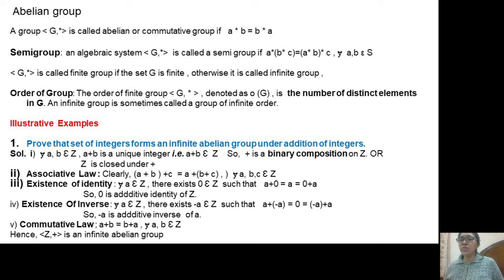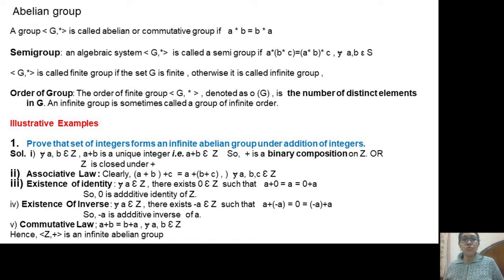As we usually define the order of a set as the number of elements in the set, likewise in case of a group also, the number of elements in this non-empty set G will be defined as the order of the group. If G has a finite number of elements, then G is a finite group, and if G has an infinite number of elements, it is an infinite group. So the number of distinct elements in G is the order of the group.